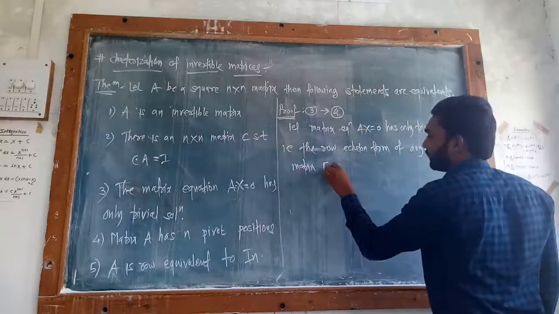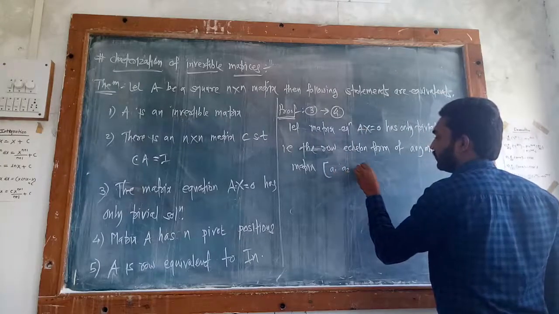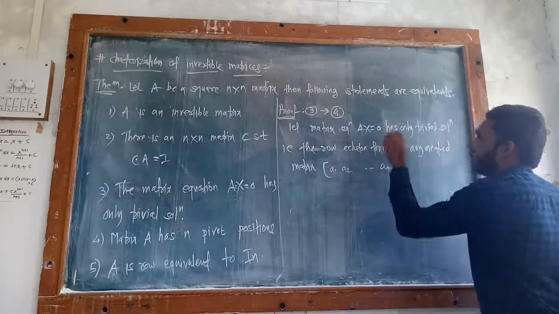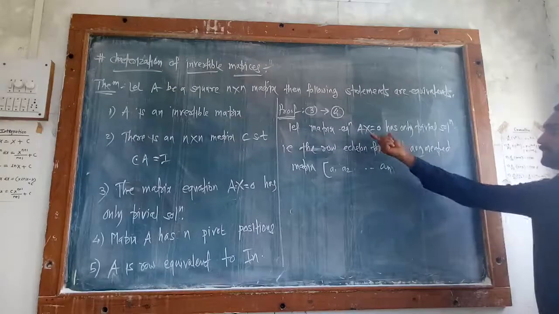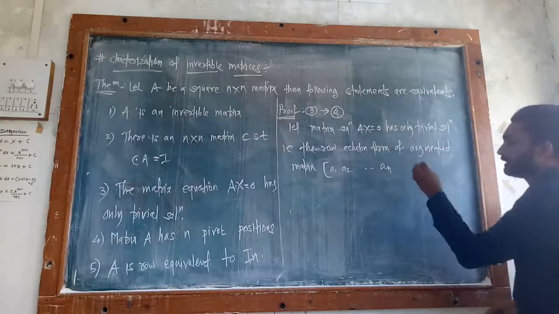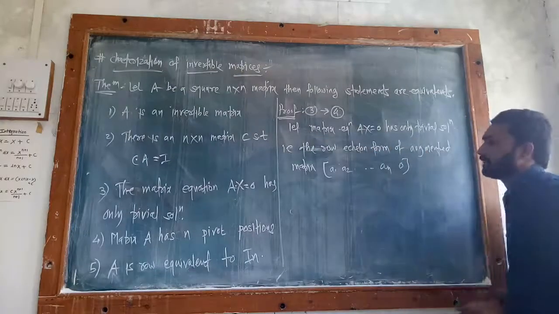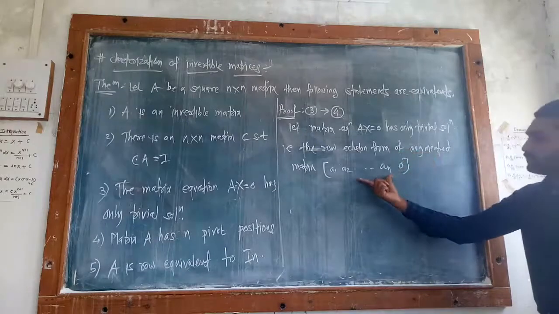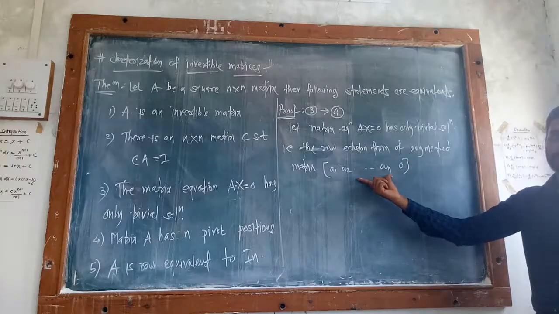For matrix A it becomes A1, A2, up to An, and the right hand side of the augmented matrix becomes the 0 matrix. So this becomes your 0. Okay. This is your row echelon form of augmented matrix Ax equal to 0.